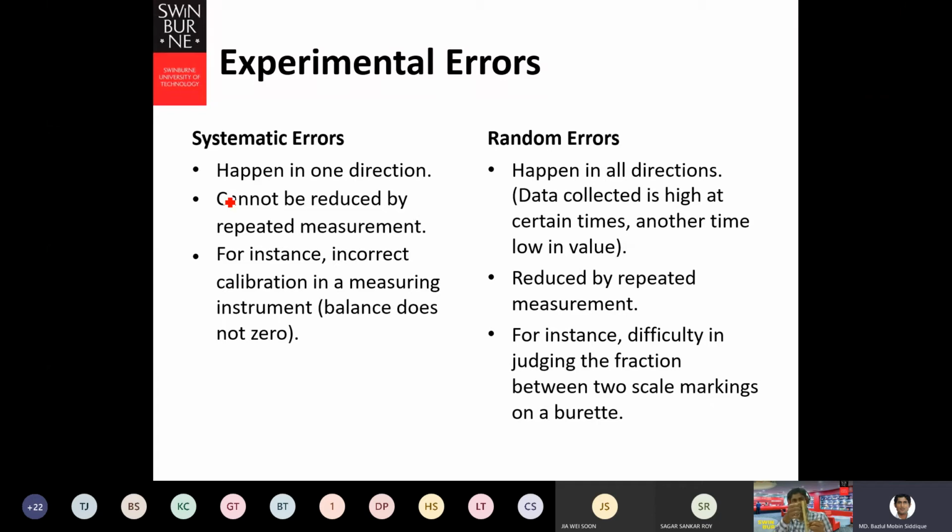Okay, my 1 centimeter is here, 2 centimeters is there, so whether it is exactly the same length as the standard ruler or not. By this way, we can reduce the systematic error. A random error can also happen in all directions.